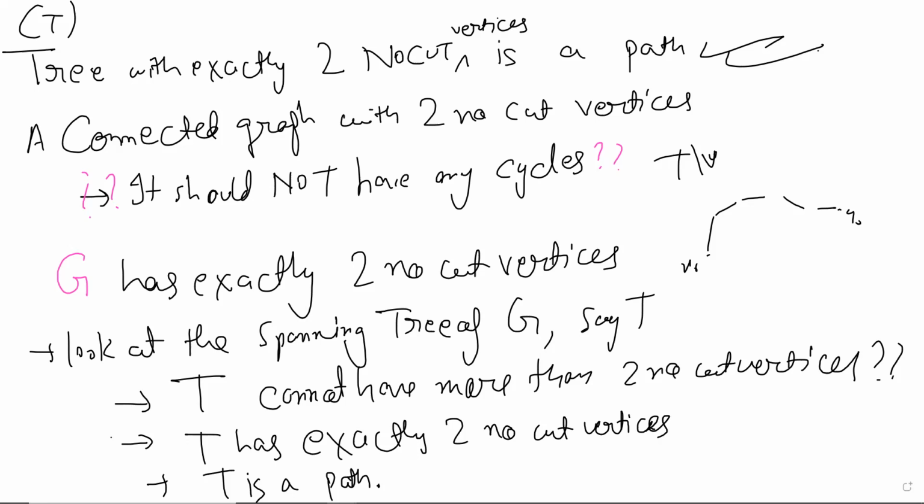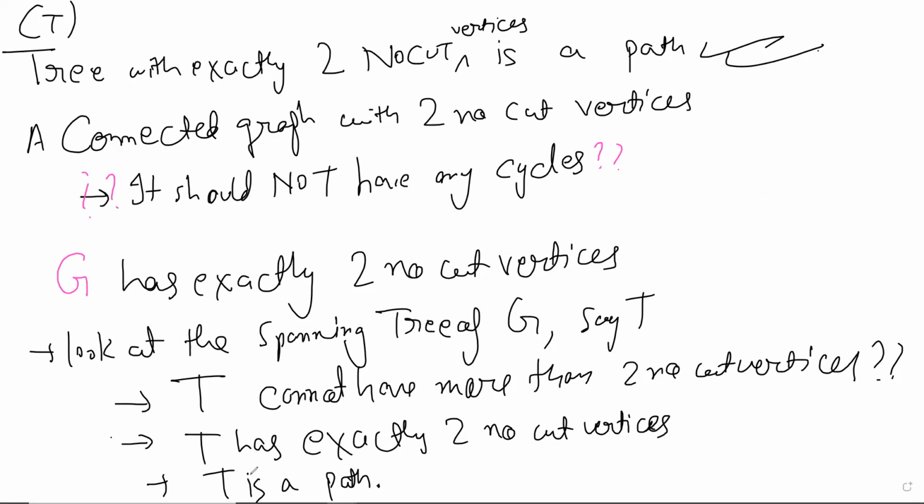But it is not that difficult. Now, Chandan had made a point about what if there is a path joining all the vertices. We are down to that situation now. I mean, the proof is now very simple, right? Because see, G has exactly 2 no-cut vertices. Okay, we assume that.